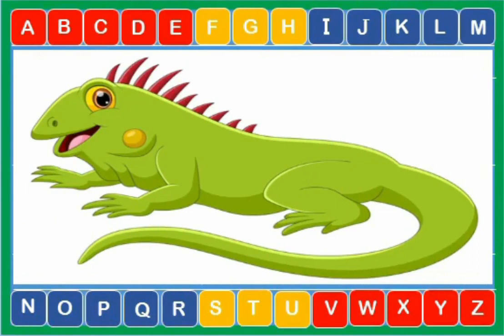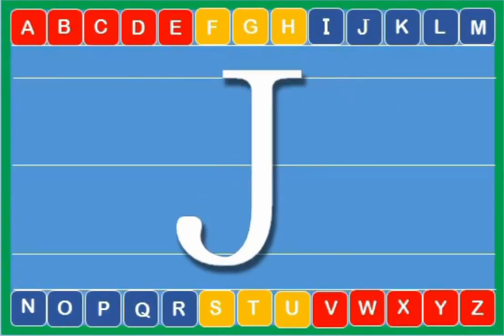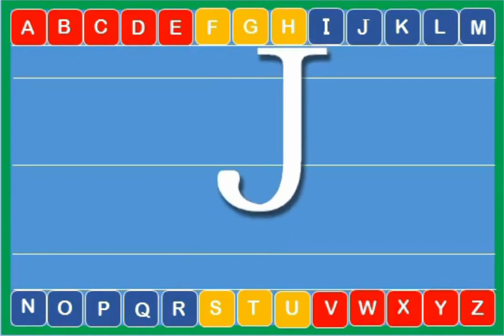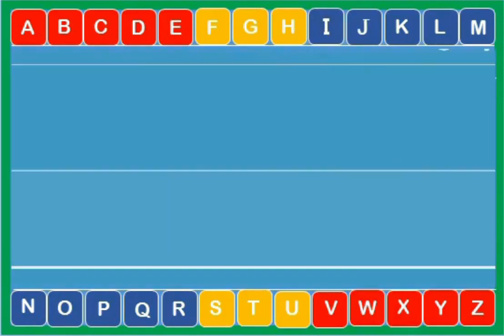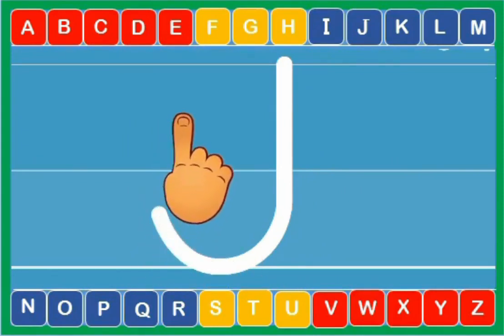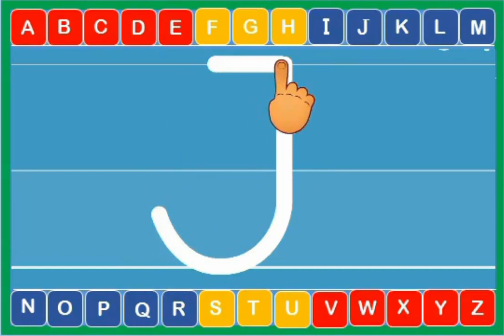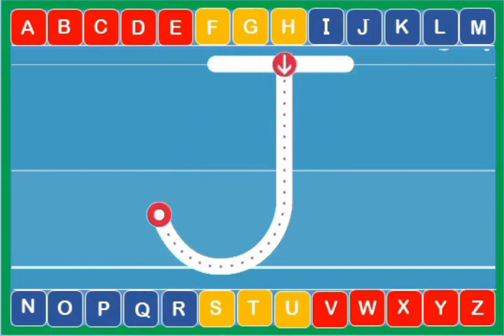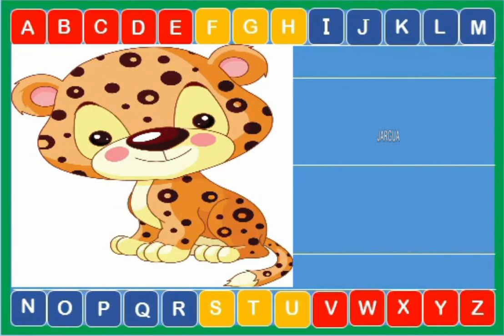Next is letter J. A stroke down, curve to the left and upper dash. J for jaguar.